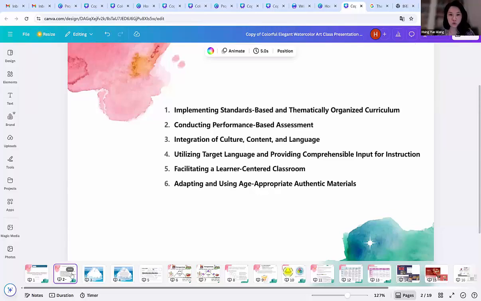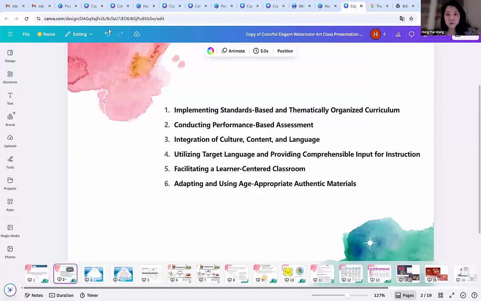But since I could join this whole-year program with Professor Jen and teacher Henny, I have had a lot of opportunity to practice this. Throughout the years, I have applied this a lot, which helped me not only as a weekend church Chinese teacher, but also as a private and online public high school teacher.